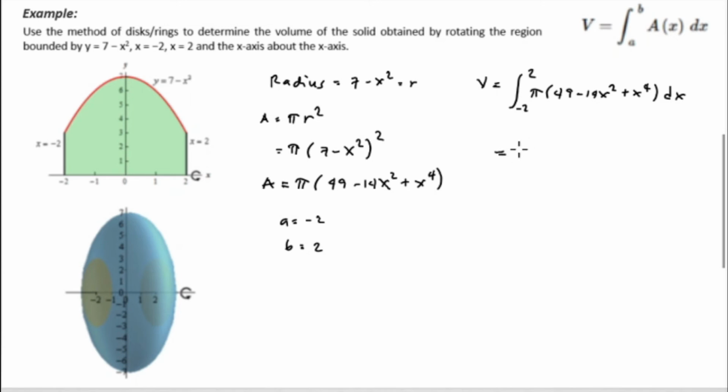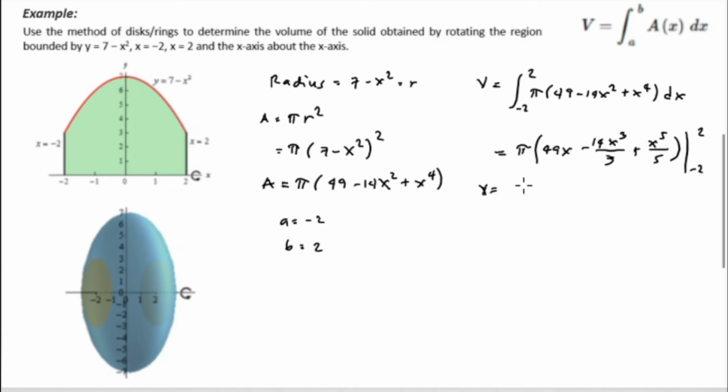So we have pi, the integration of 49 is 49x, negative 14 times x cubed over 3, plus x exponent 5 over 5, and close parentheses, and we have the limit from negative 2 to positive 2, and then we evaluate.